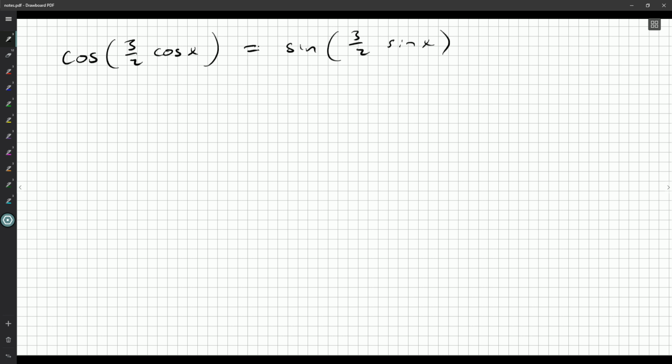So what do we know? Cos of 3 over 2 cos x is sine of 3 over 2 sine x. I'm tempted to make something equal to pi over 4, but I don't actually know that cos x and sin x are the same. Now I want sine 2x, don't I?